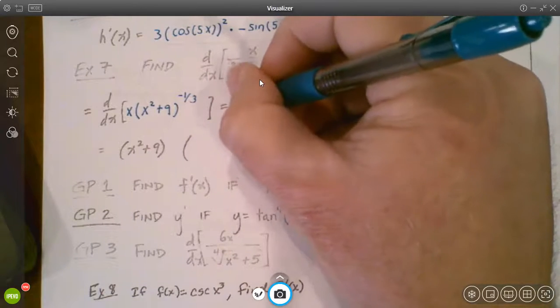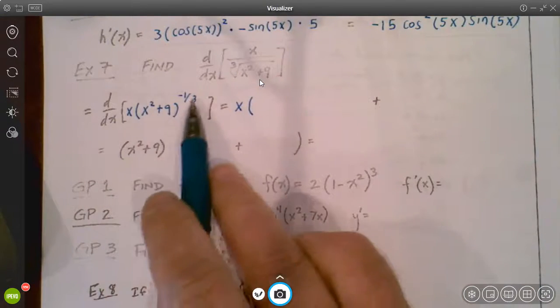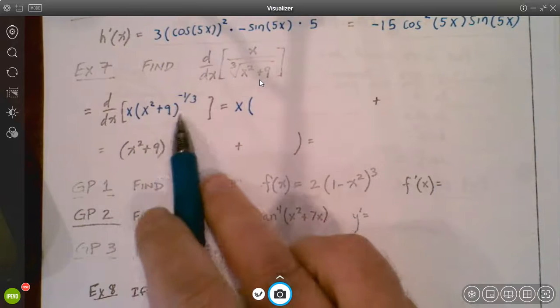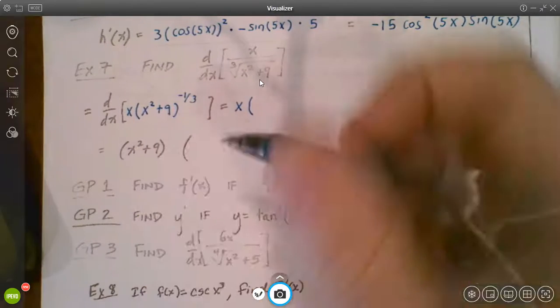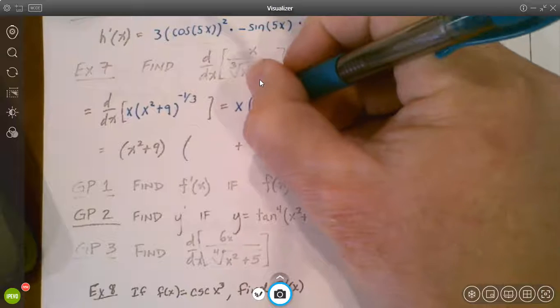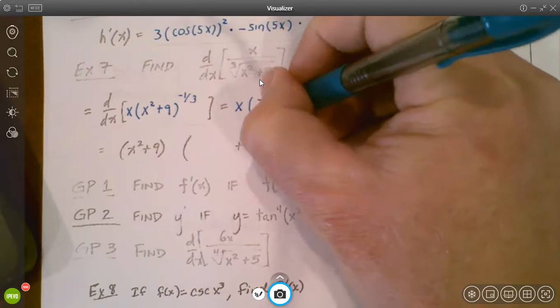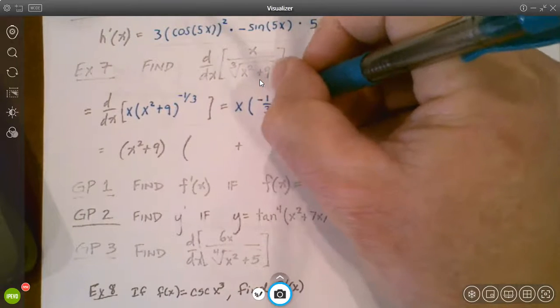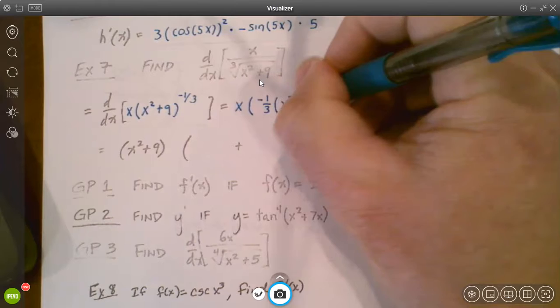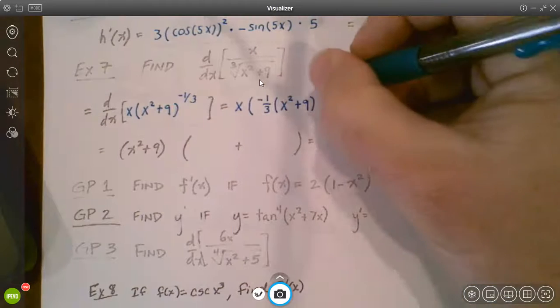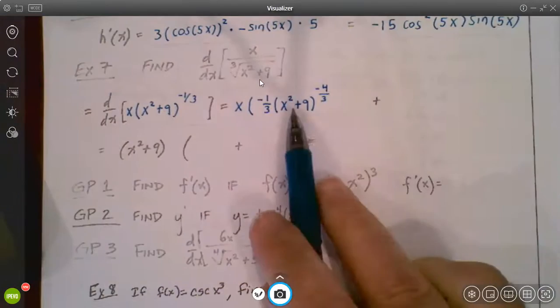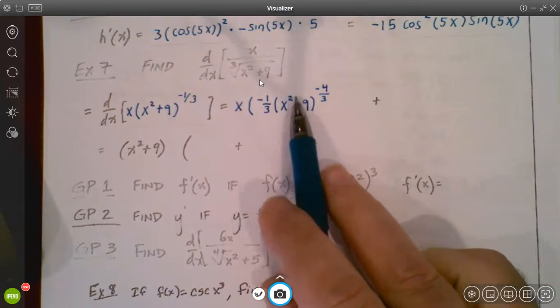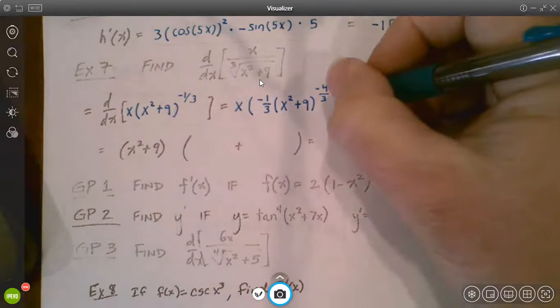times the derivative of the second. Now when I do the derivative of this second term, again, this is where the chain rule kicks in. I'm going to start by multiplying my negative 1/3 to the front. We'll leave the inside alone. Subtract 1 from your exponent. And then now the chain rule, I have to multiply by the derivative of this interior function, which would be 2x.